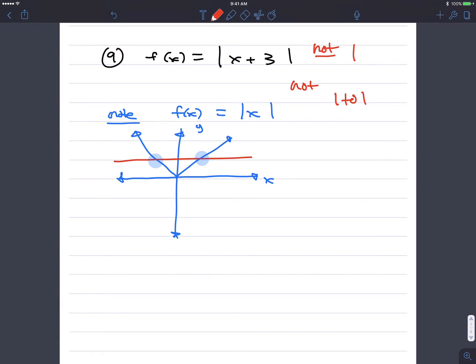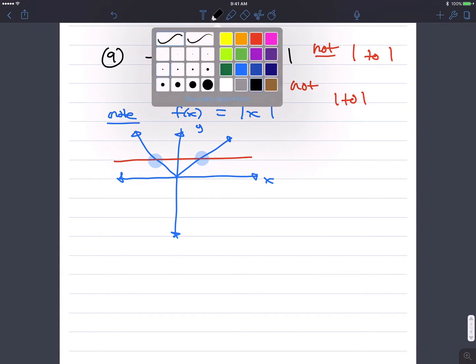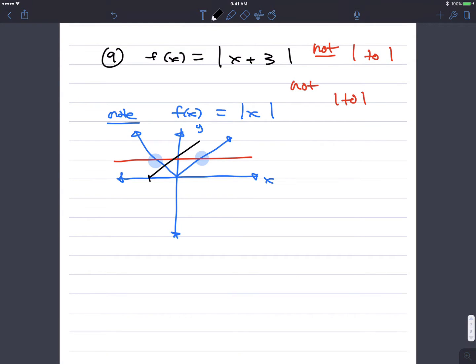You almost spelled it backwards. Because really this curve here, x plus 3, the vertex is at negative 3, 0. So it's left 3 here, just so you guys know. Similarly, the point I'm making is if you know something about the absolute value curve, you can say something about the absolute value of x plus 3.